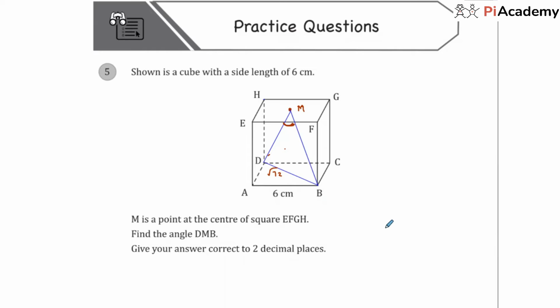I'm just doing it now to find it. I think we can use, I have all the sides of all of this, so we can either use the cosine rule or the sine rule.